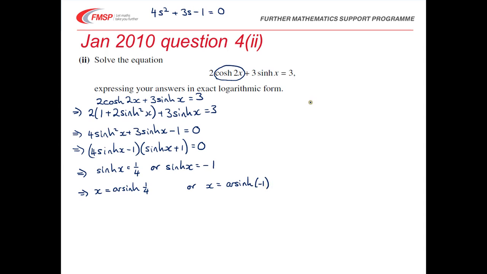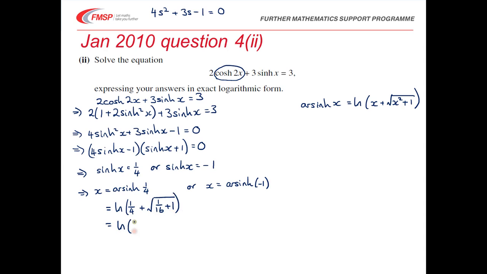Now in the formula book we have that arsinh of x is equal to the natural log of x plus root x squared plus 1. So substituting that in, I get natural log of 1 quarter plus root 1/16 plus 1.